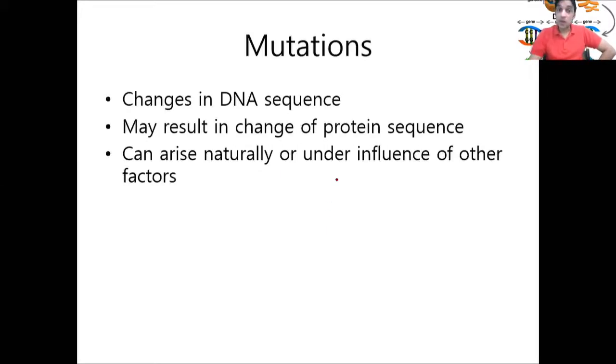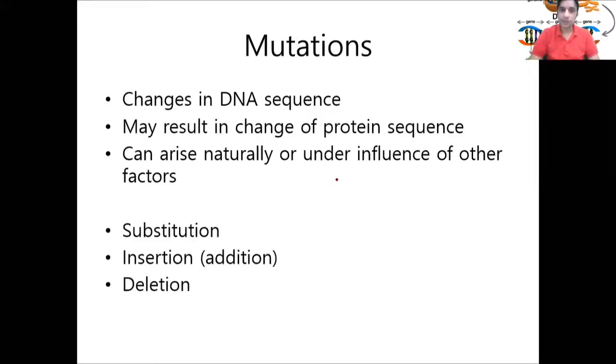So if a sequence of DNA is changed, if something bad happens with the sequence of DNA or the sequence of the genes, you can guess the gene sequence will generate the RNA. The RNA is going to be used to create proteins. If a change is there in the normal sequence of the gene, this type of change is called mutation.